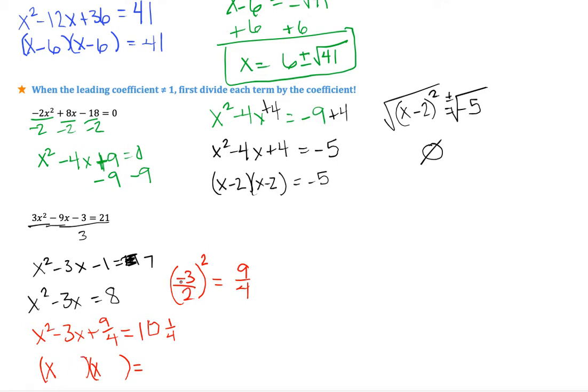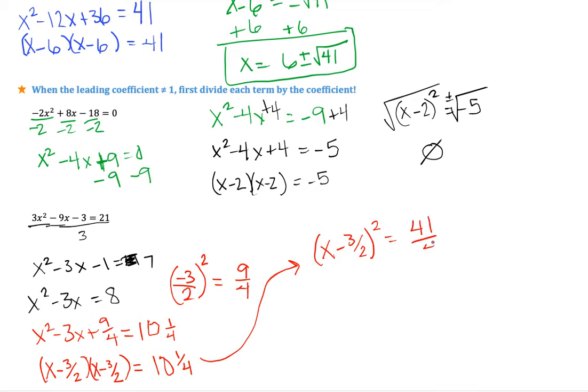Well, half of b was negative 3 over 2, and that's exactly what this will be. So I'm going to rewrite this as x minus 3 over 2 squared equals, and I think I'm going to rewrite this as 41 over 4.